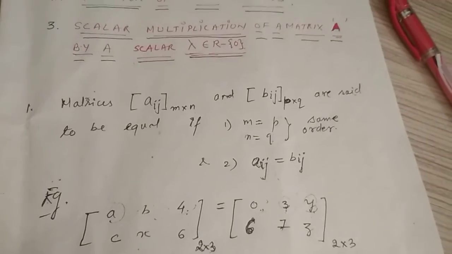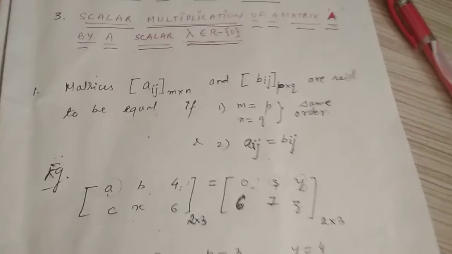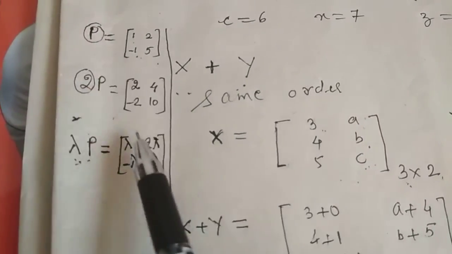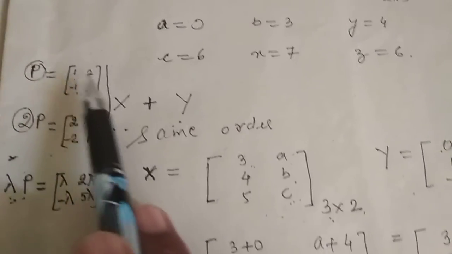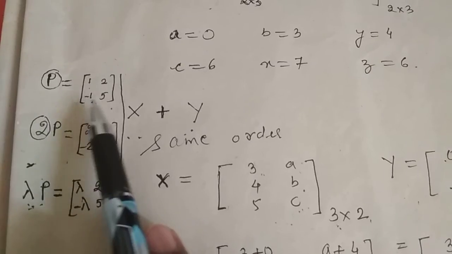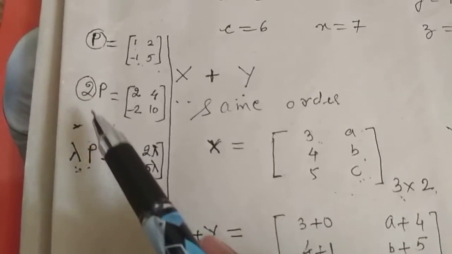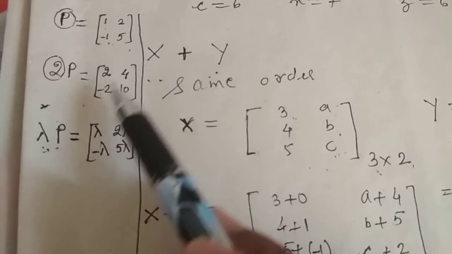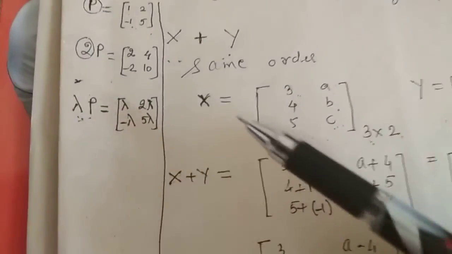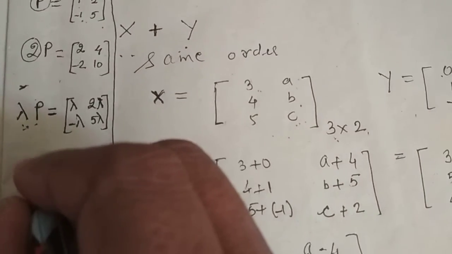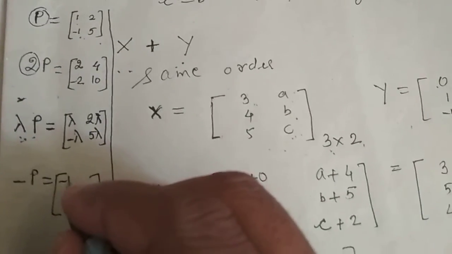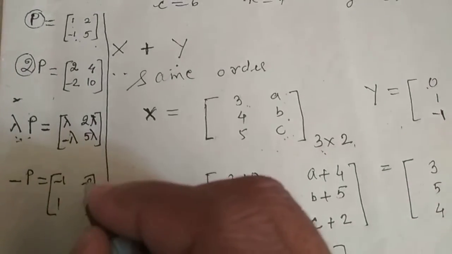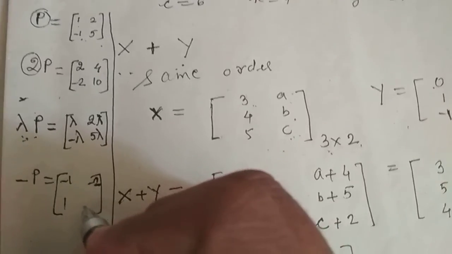Then scalar multiplication of a matrix with a scalar lambda can be easily understood with the help of this example. Suppose there is a matrix P which is 1, 2, minus 1, 5, 2 by 2 matrix. Then twice P is nothing but 2, 4, minus 2, 10. Then if anyone asks what is minus P, then you can easily say it is nothing but minus 1, minus 2, 1 and minus 5.